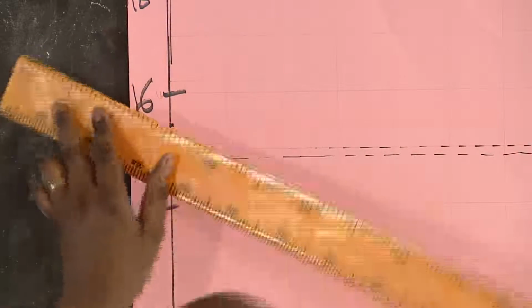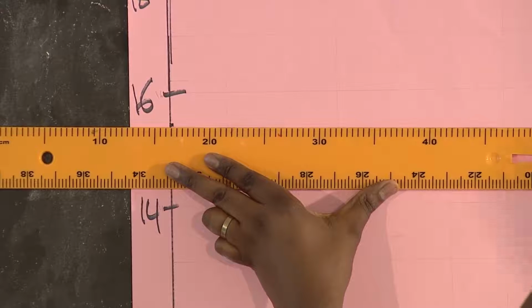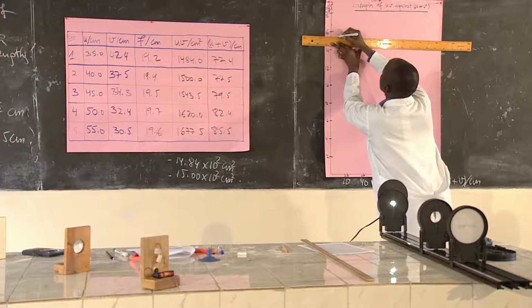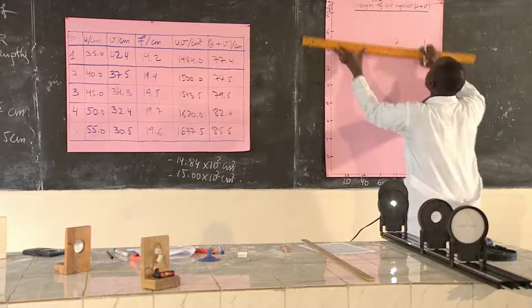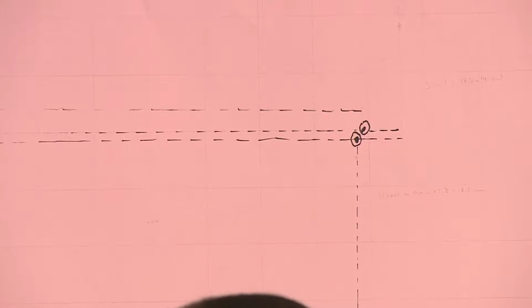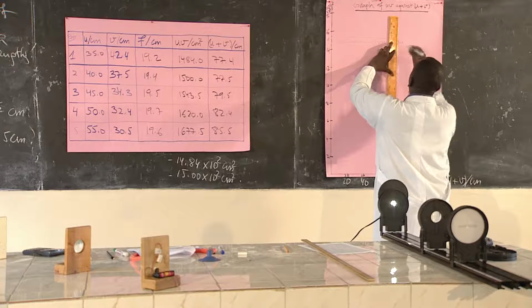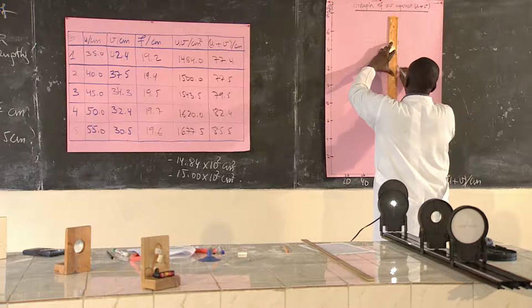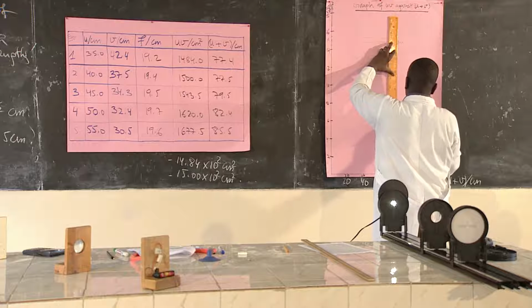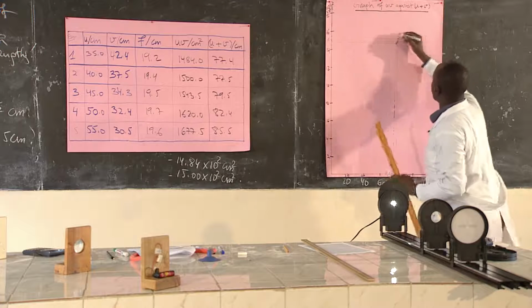Then that is the 43. And we do this. We join up to this point. And remember, what we have there is the 79. And we have it up here, and we, okay.